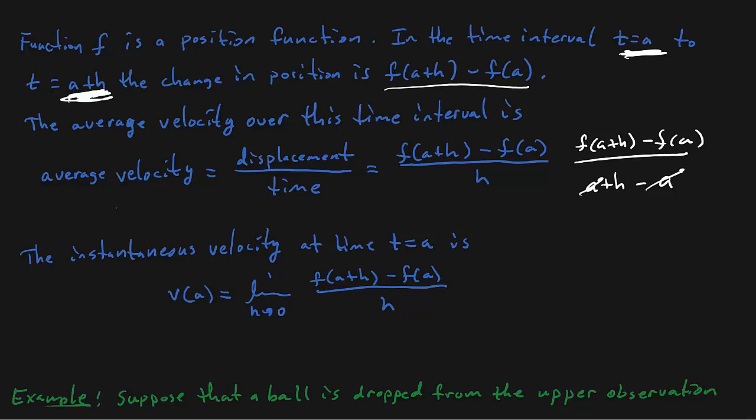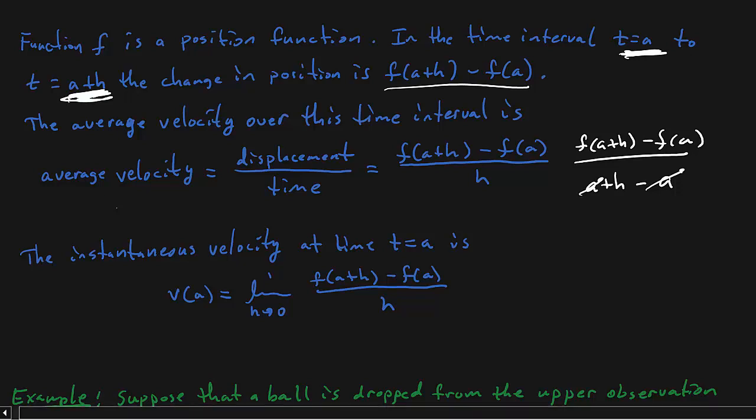But there is a difference. You see the difference between the average velocity and instantaneous velocity? The instantaneous velocity is this, but as h goes to 0. We're taking the limit as h goes to 0, and that gives us the instantaneous velocity.